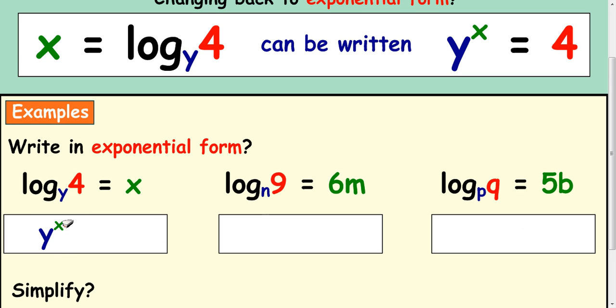The answer is your power, and that equals 4. In this case, n is your base, and then we've got 6m is your power. The answer to this is your power, and that equals 9. In this one, p is your base, and that's your power, and that comes to q.